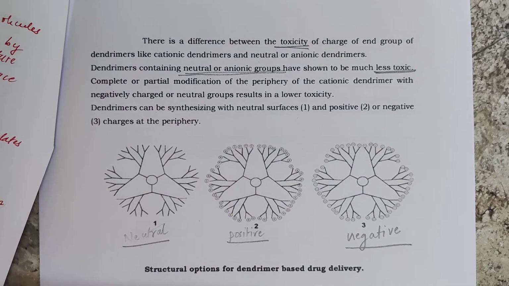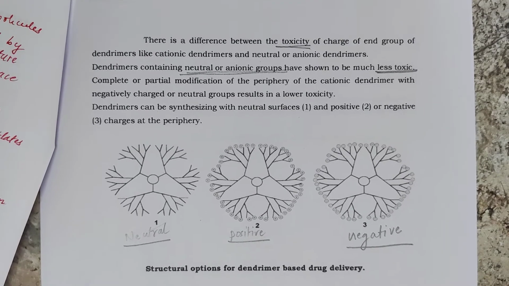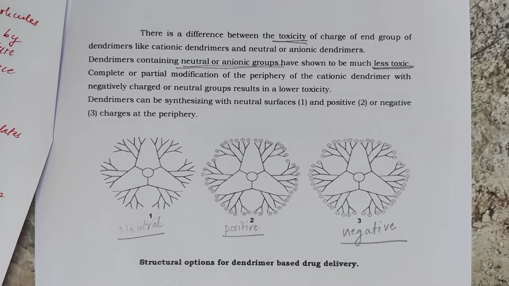Now, let's say they have no other way but to use a cationic dendrimer. With slight modifications in the cationic dendrimer, they could decrease the toxicity. Let's say instead of all positively charged functional groups, they could add some neutral functional groups in the end groups, so that the toxicity decreases to a tolerable level. That way they could modify the properties of the dendrimers.